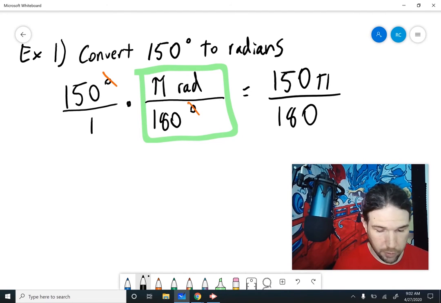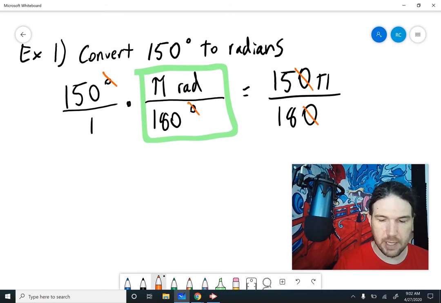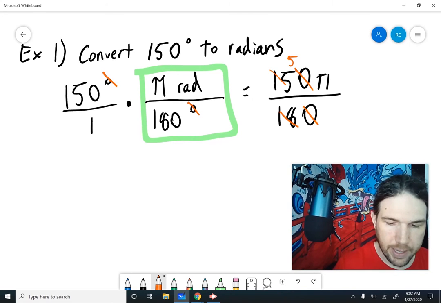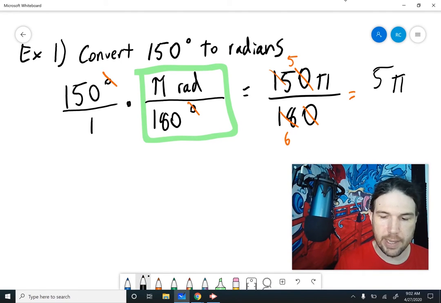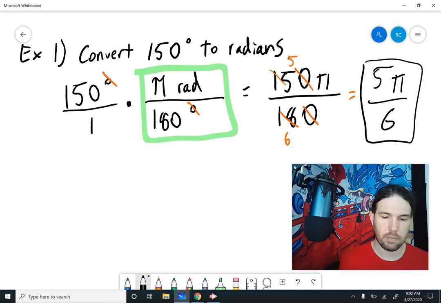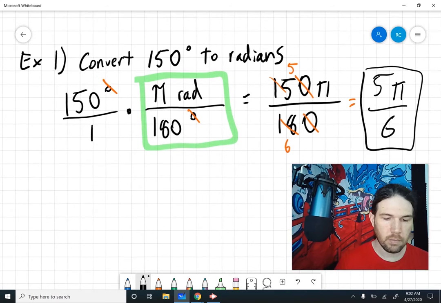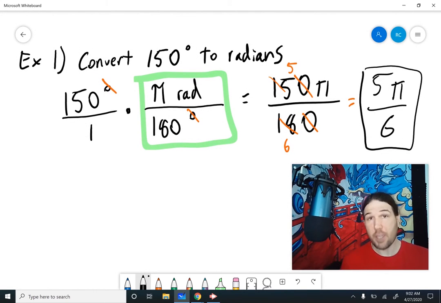Okay, well, those are both divisible by 10, so I get 15 pi over 18. 15 and 18 are both divisible by 3, so I get 15 divided by 3 is 5, and 18 divided by 3 is 6, so I get 5 pi over 6 as my final answer. 150 degrees is equivalent to 5 pi over 6 radians.